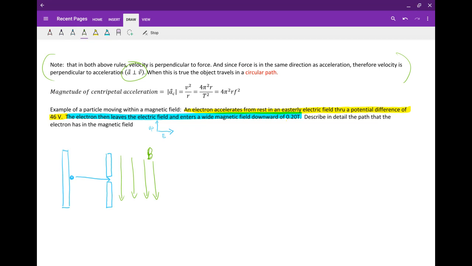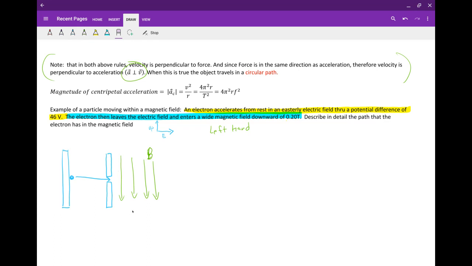And basically what's going to end up happening is if I now take, this is an electron, so I'm going to use my left hand. Now on my left hand, I'm pointing my fingers in the direction of the magnetic field.